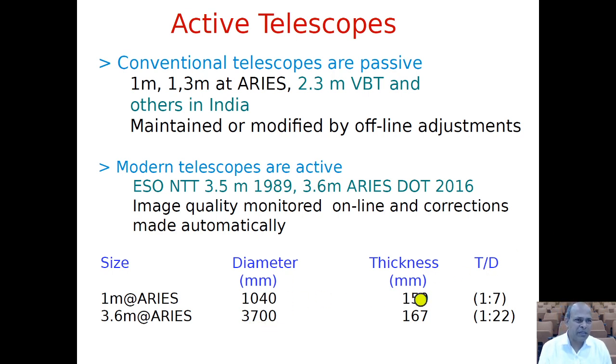Thickness is 150 millimeter in the first case and 167 millimeter in the second. The ratio of thickness to diameter is 1:7 for the 1 meter telescope, and 1:22 for the other. This is very important, because with such a high ratio we are able to deform the primary mirror of this telescope by using artificial forces.